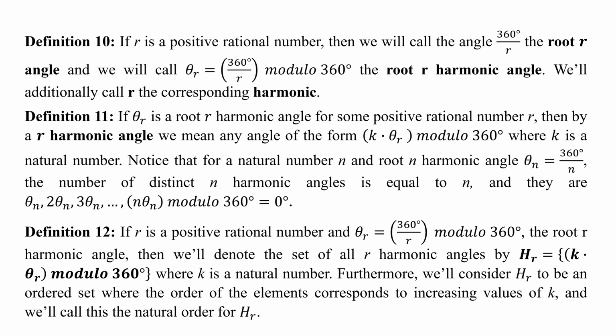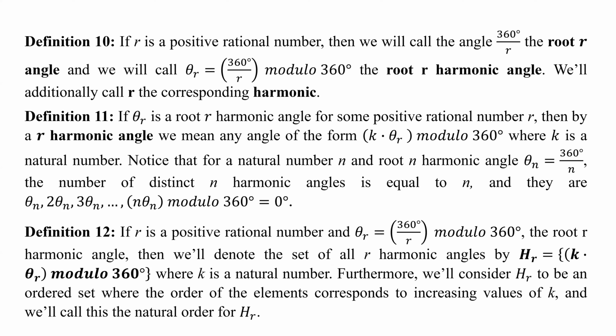Okay, definition 11. If theta sub r is a root r harmonic angle for some positive rational number r, then by an r harmonic angle, we mean any angle of the form k times theta sub r modulo 360 degrees, where k is a natural number.